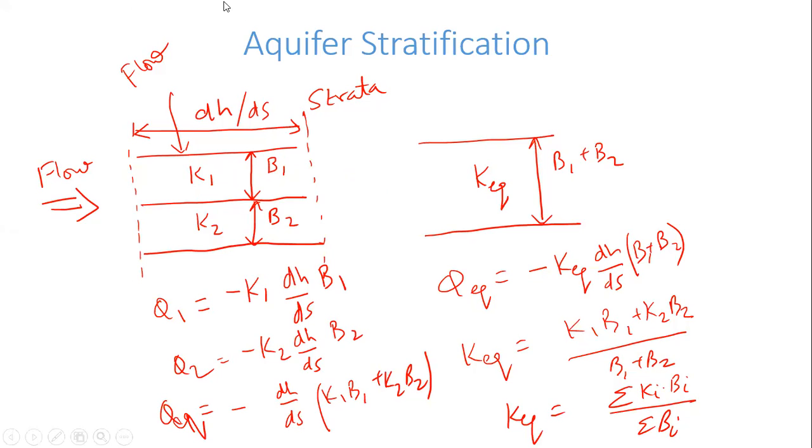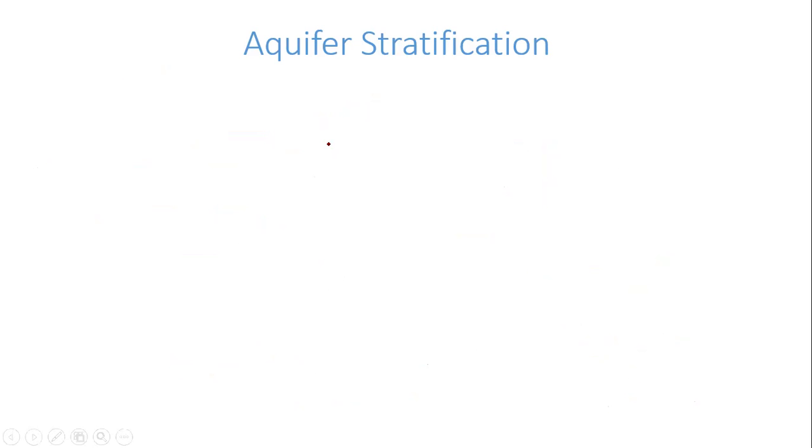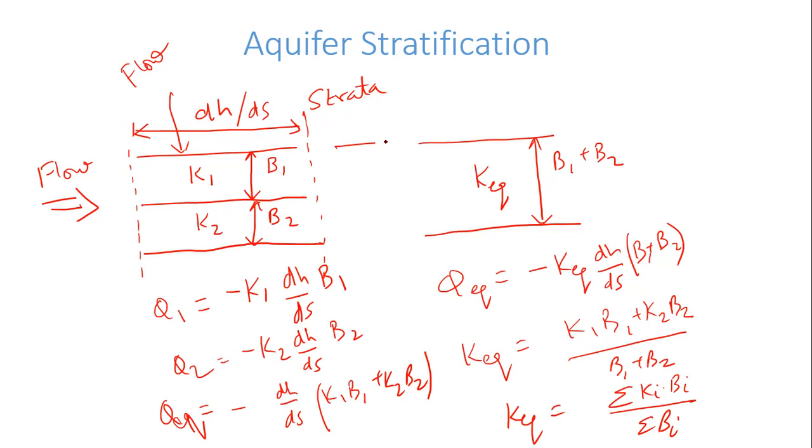And when the flow is parallel to the layering, right? So if I have the layering of this type, I can have n number of layers, and if the flow is going parallel to the layers, then I get this formulation for the equivalent hydraulic conductivity, which is simply sigma ki bi divided by sigma bi, right?